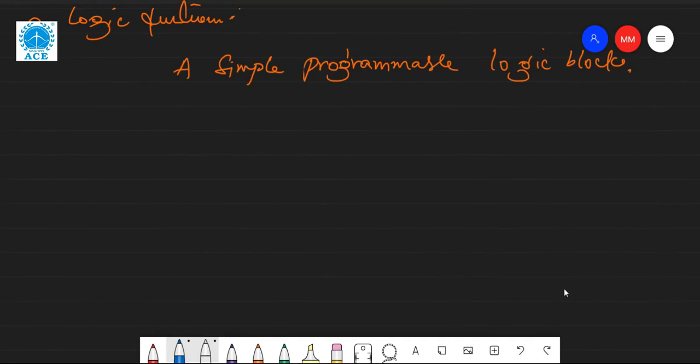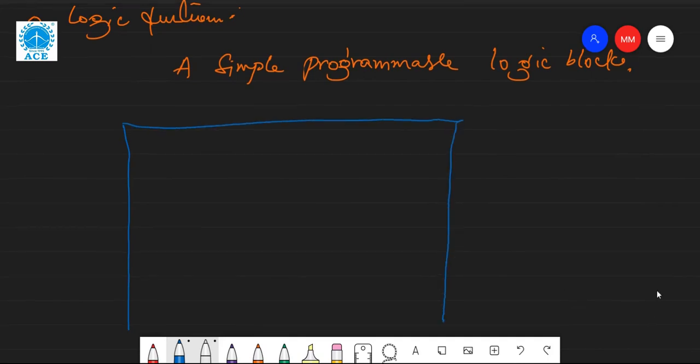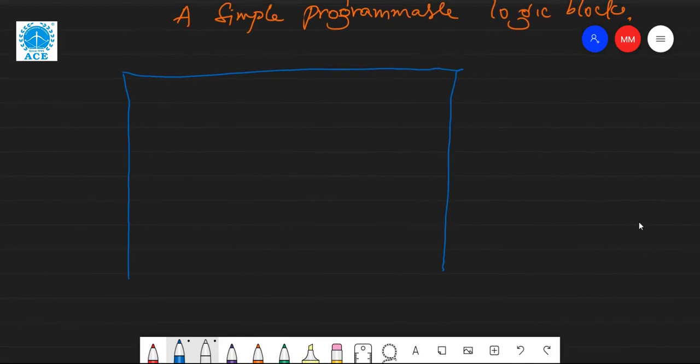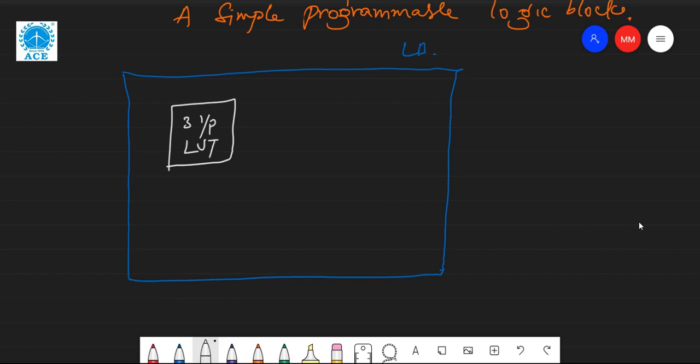This is my functional block or logic block, the logic array block, CAB generally, or functional block, FB, which consists of, for example, 3-input LUTs, lookup tables.